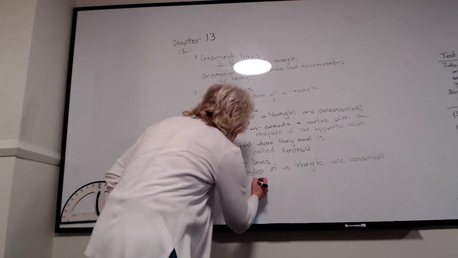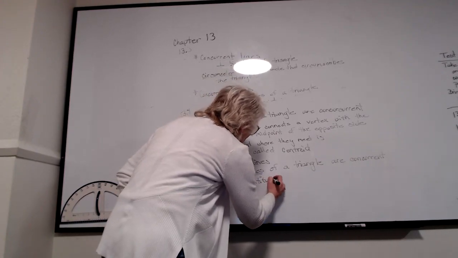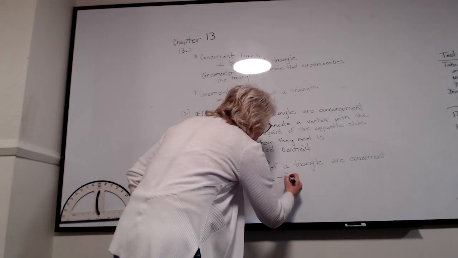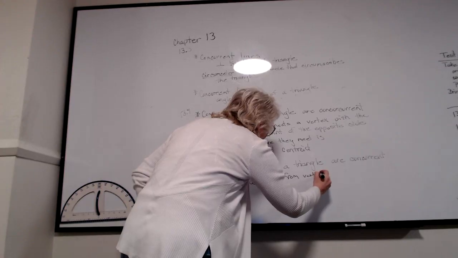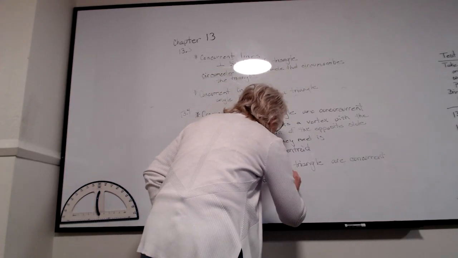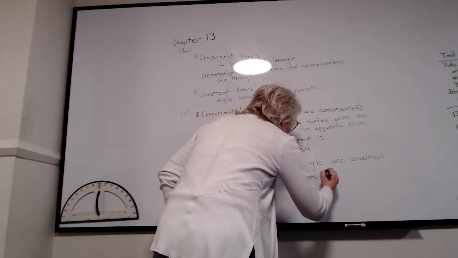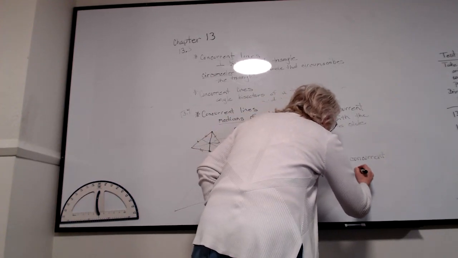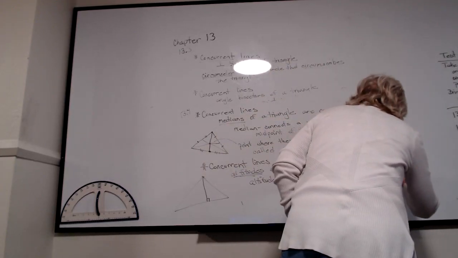So it's from the vertex, so an altitude from vertex, see, a line, okay, I'm writing this again. A line from vertex that is perpendicular to the opposite side.